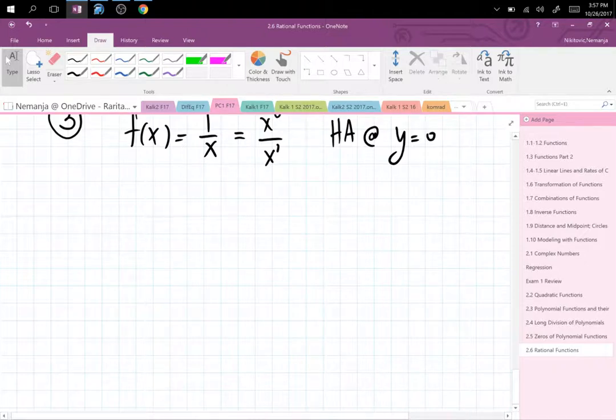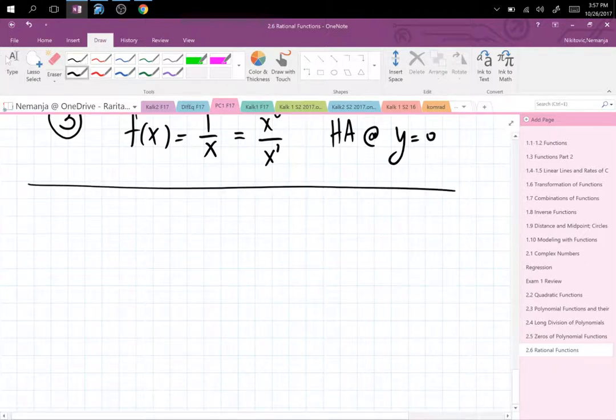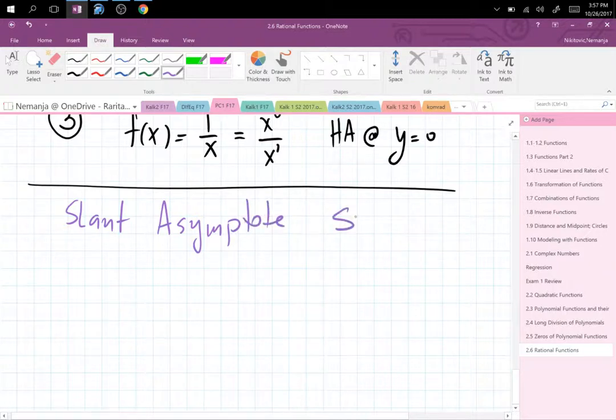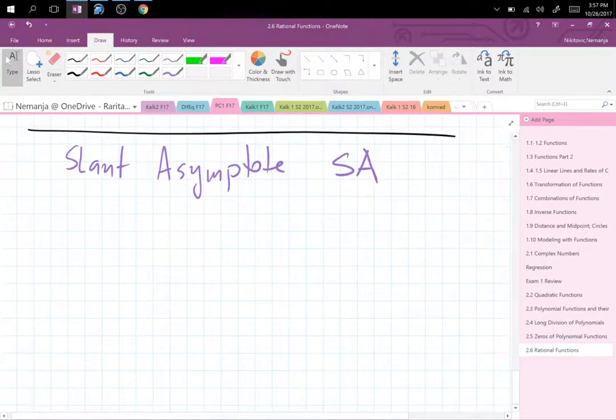So for the slant asymptote world, also known as SA, you can spell it out every time. In some books, if you're reading other books, they're known as oblique asymptotes as well.